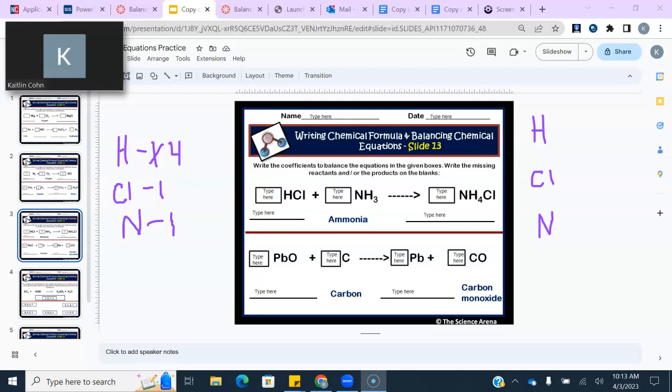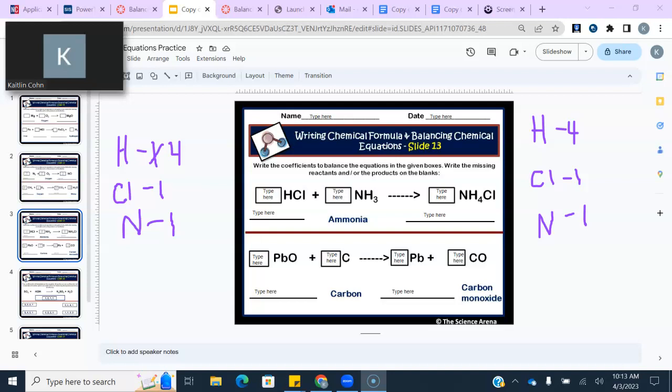So before we even start doing anything, we have 4 hydrogen, 1 chlorine, 1 nitrogen, okay? Now on the right-hand side, we've got 4 hydrogen, 1 nitrogen, and 1 chlorine, okay?